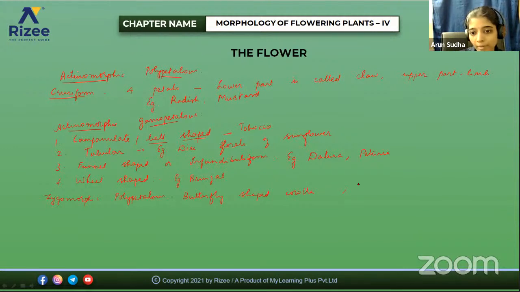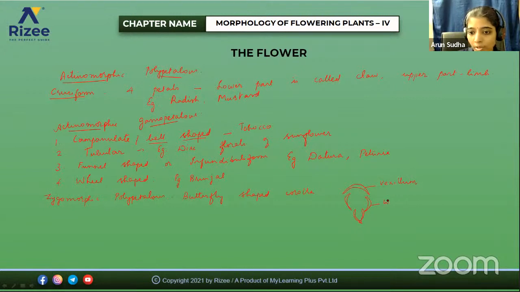For example, this is the structure of the corolla here. These are all connected. And here the posterior end is called the vexillum.